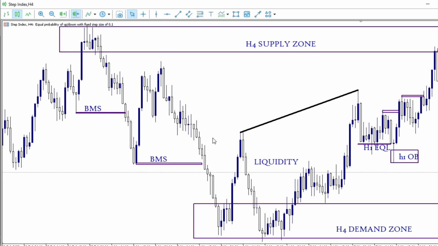For this case, it was a bearish trend. Sometimes it's a bullish trend, but you look at the break of market structure. So you realize that there is only one type of participant, by that I mean the traders. Here we only see sellers.